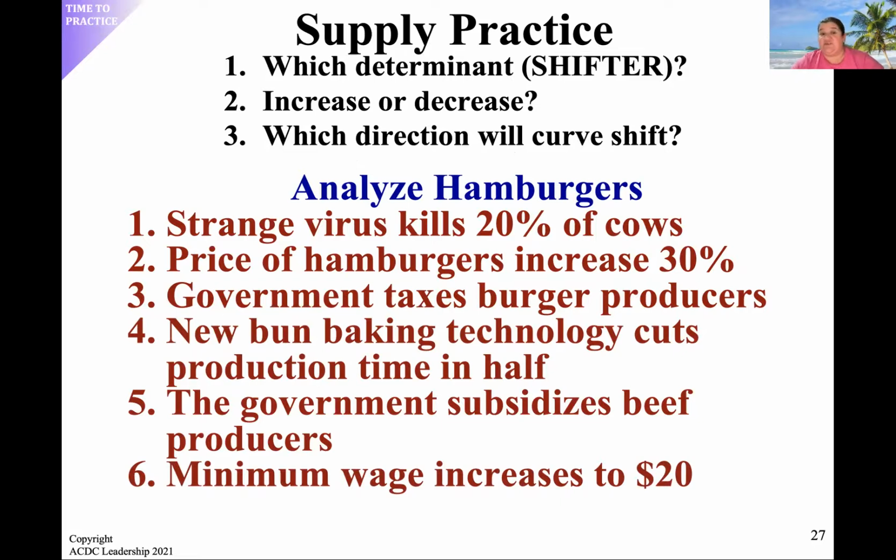Then ask yourself, is it going to cause an increase or a decrease because of this particular scenario? Then on the back side of your notes, draw the new supply curve. Label the existing curve S sub 1, and label the new supply curve that you draw based on the change from these scenarios S sub 2.